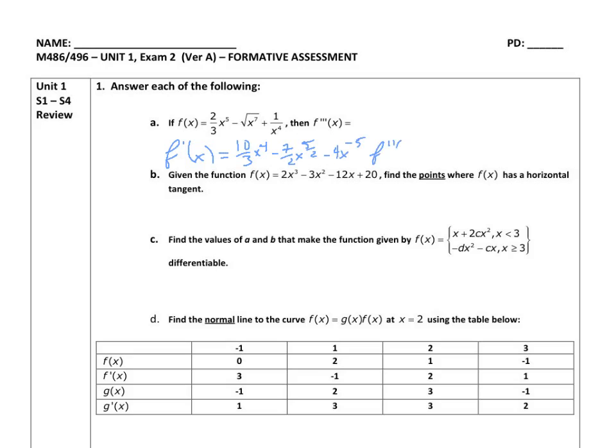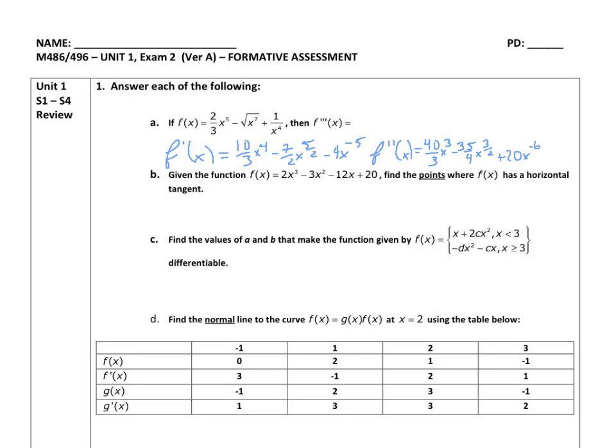Problem though asked for a third derivative, so let me go through the process again. I'm going to get 40 over 3 x cubed minus 35 over 4 x to the 3 halves plus 20 x to the negative 6th.